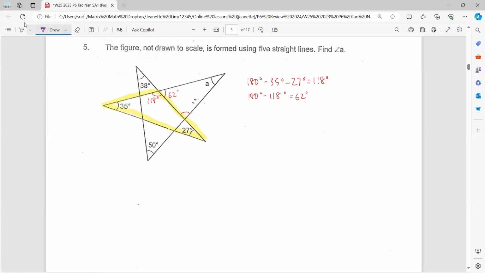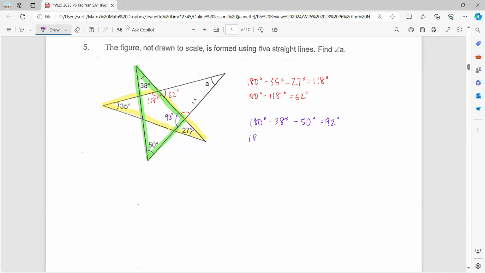Okay, next, the other triangle that I'll be looking at is over here. Now, looking at the green one, I'm going to find this angle here first. So 180 minus 38 minus 50, because sum of angles in a triangle, this will give us 92.